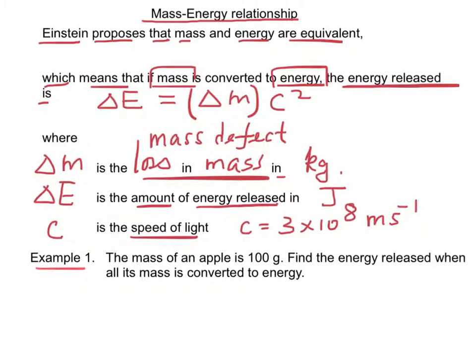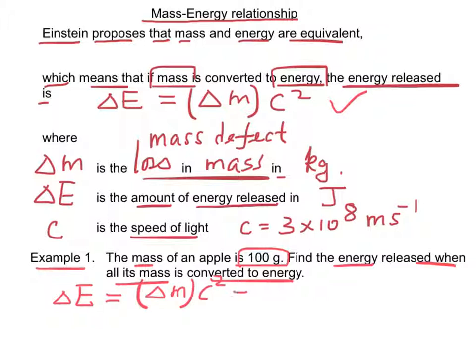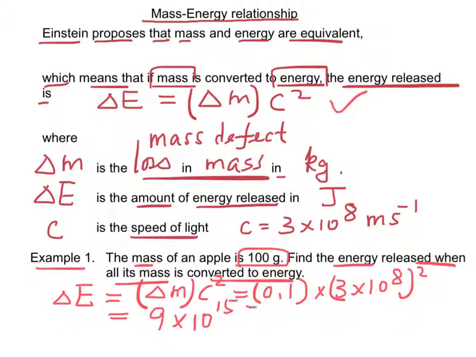Example 1. The mass of an apple is 100 grams. Find the energy released when all its mass is converted to energy. By Einstein's mass-energy relationship, the energy released ΔE will be equal to ΔM C squared, which is equal to 0.1 kilogram times (3 times 10 to the power 8) squared, which is equal to 9 times 10 to the power 15 joules.